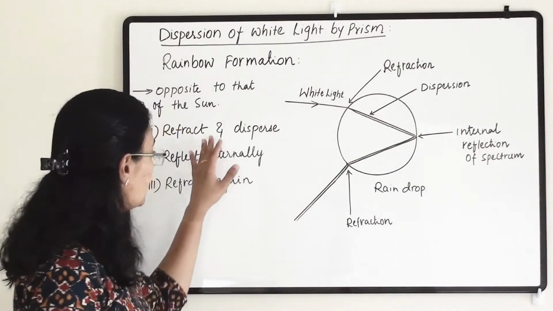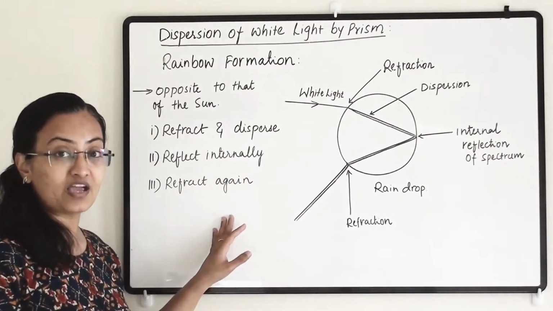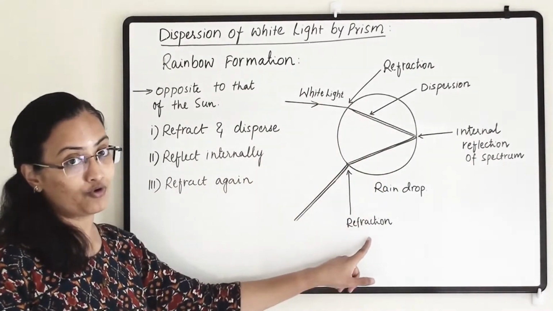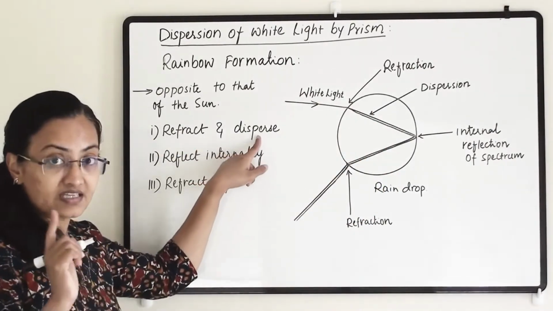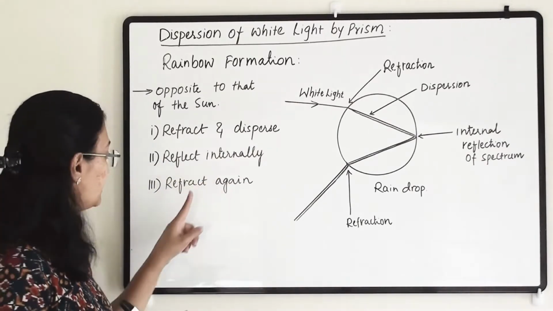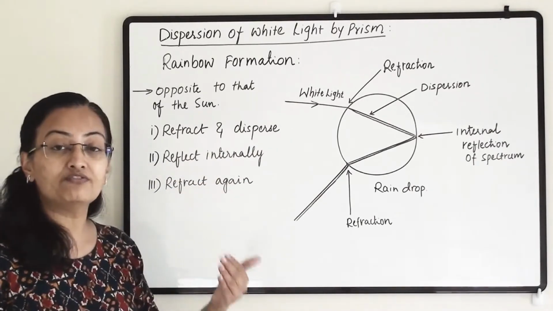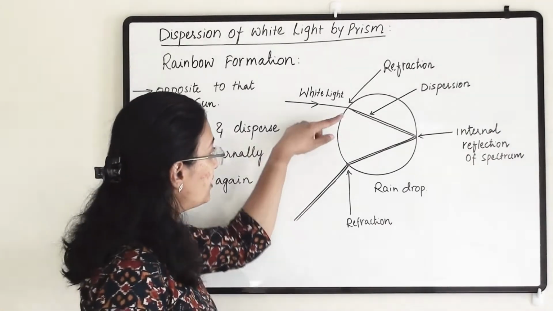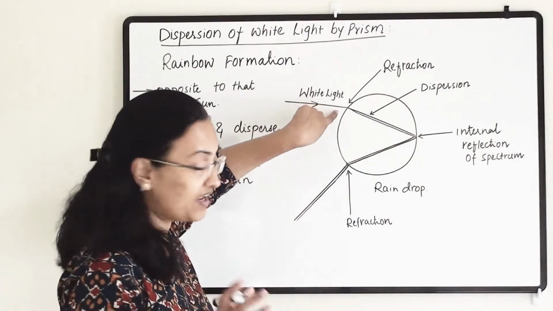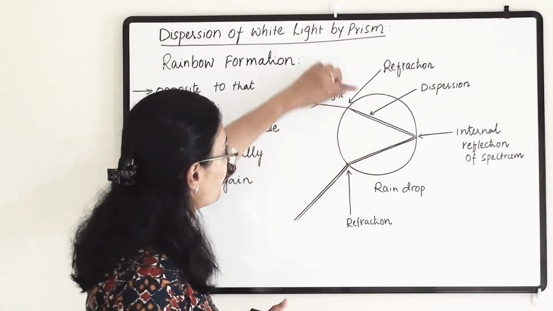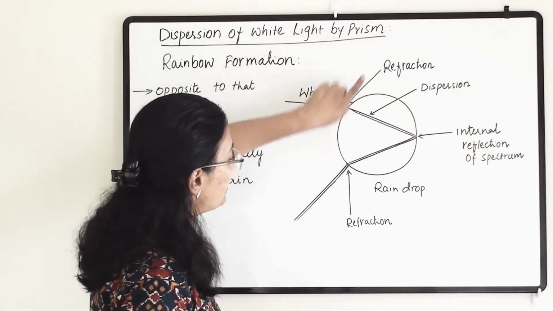So there are 3 basic phenomena which happen when white light is passing through a raindrop. Refract and disperse at the first stage. Second, it will again reflect internally, and third, it will refract and come out. So first, when white light falls on the raindrop and is going to enter into it, refraction will happen.